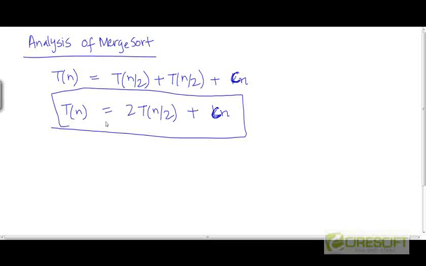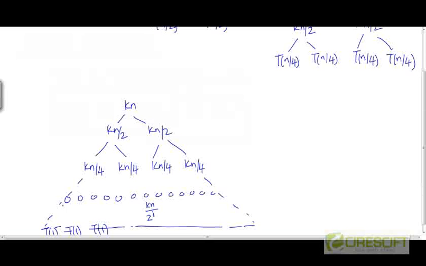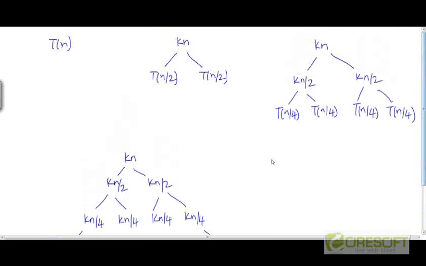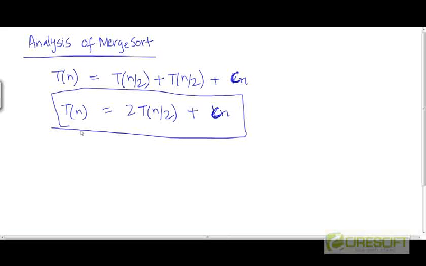In a later chapter or in a later lecture, we're going to look at a theorem called Master's theorem, which will help you immediately write down the answer to recurrence equations of this form. But for now, I'm going to explain a different method for solving this recurrence equation.